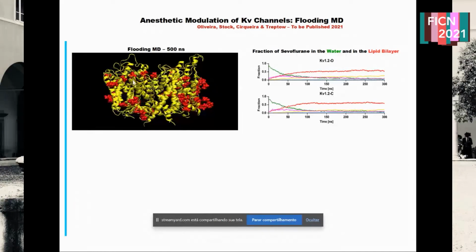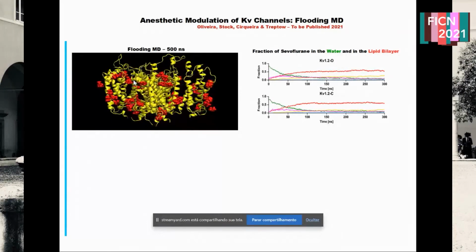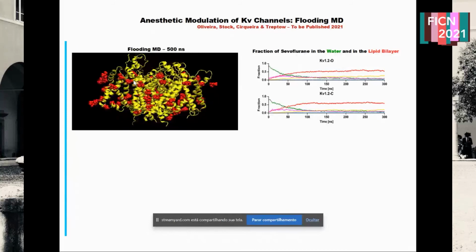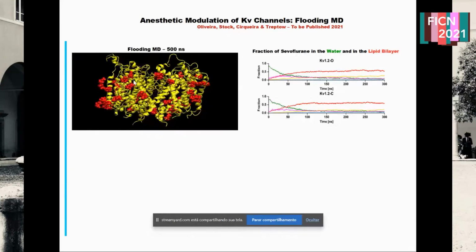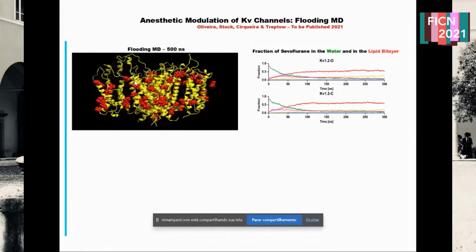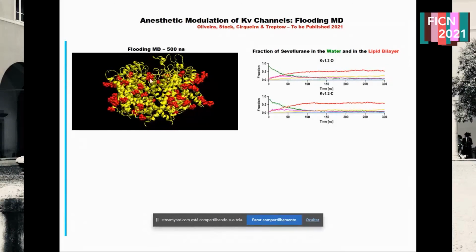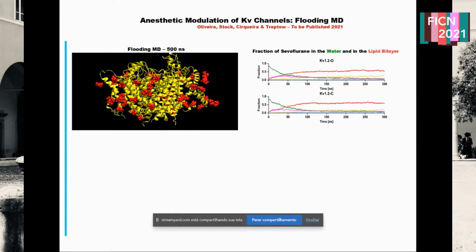The ligands were simulated at a high concentration, 150 millimolar, which was found to be high enough to sample the bound state at reasonable time scales, but low enough to avoid aggregation of the ligand in solution. And from these simulations, we see very clearly that the ligand migrates from water into the membrane and then binds the protein in a reversible manner.